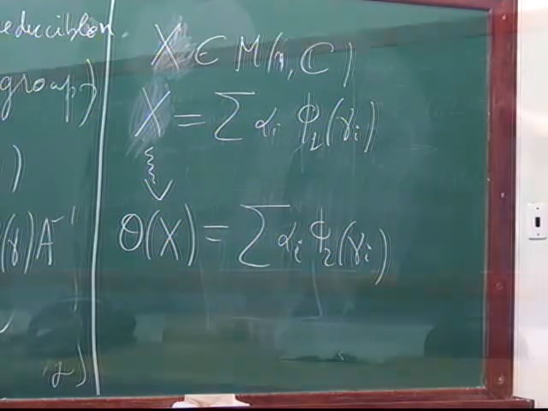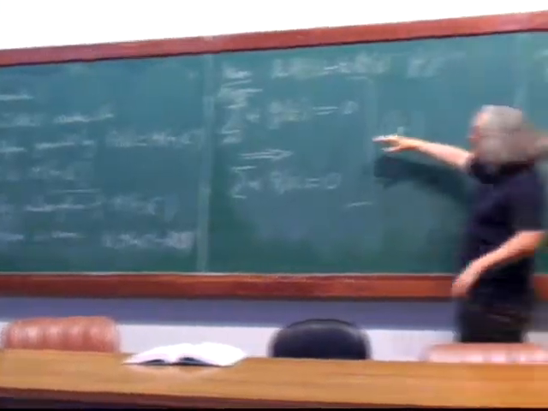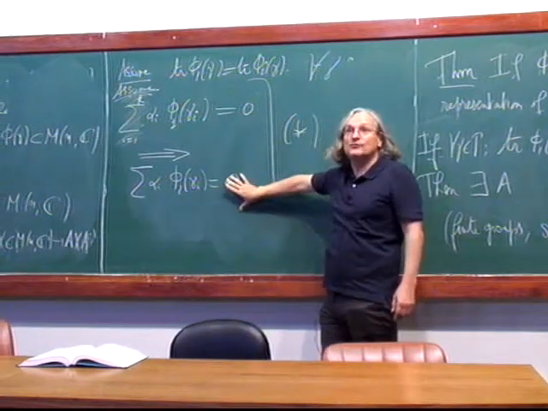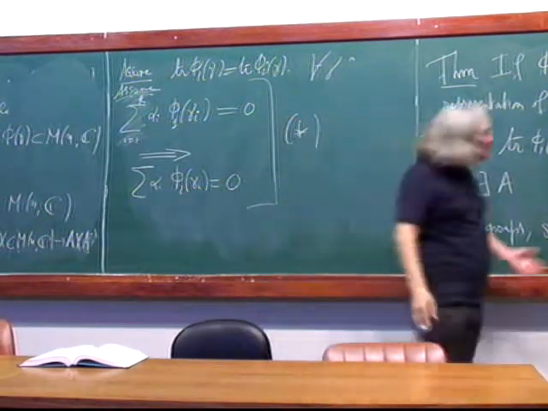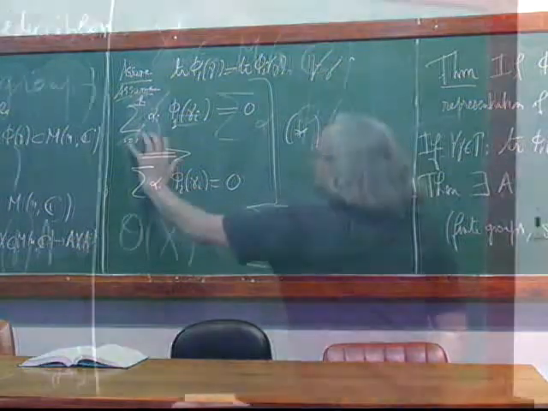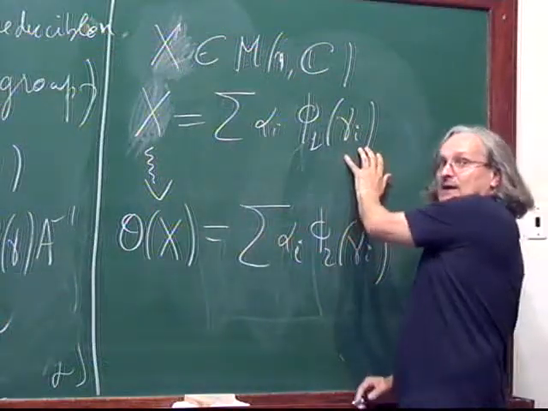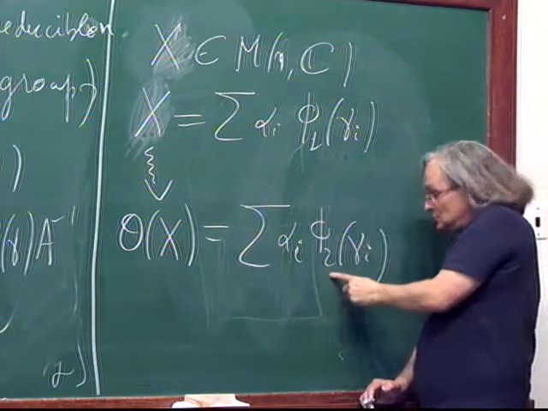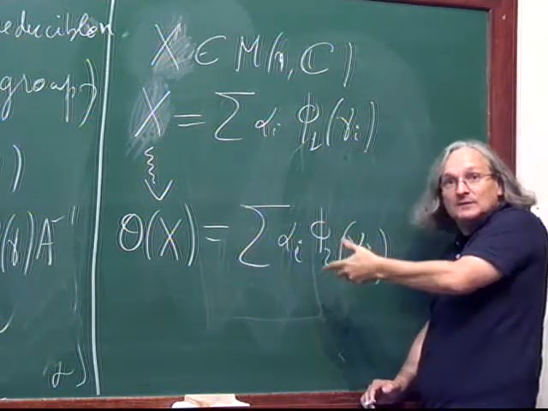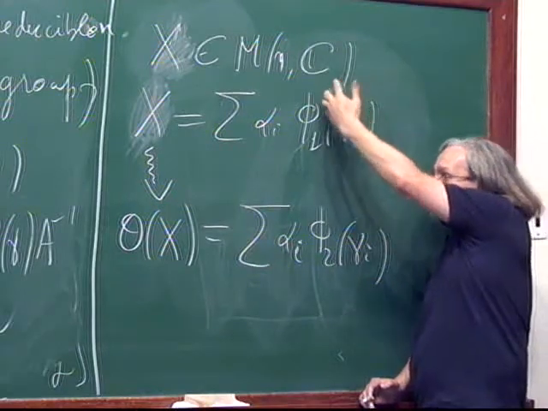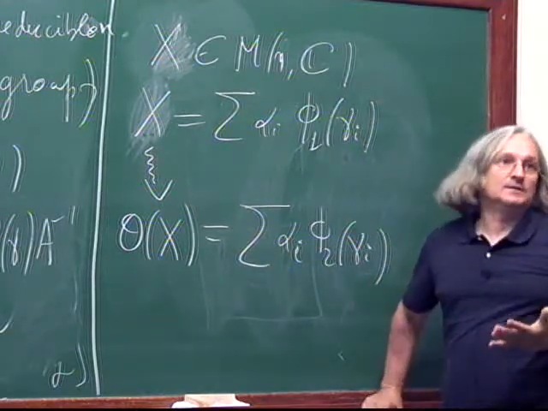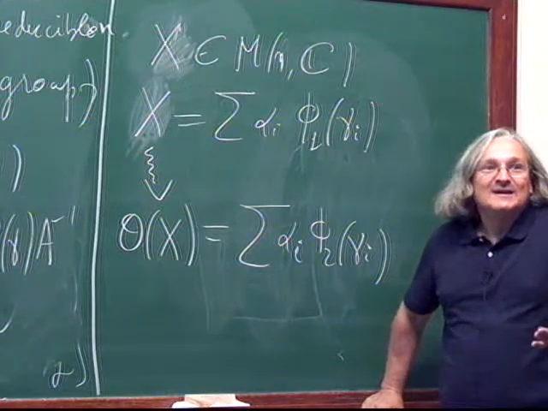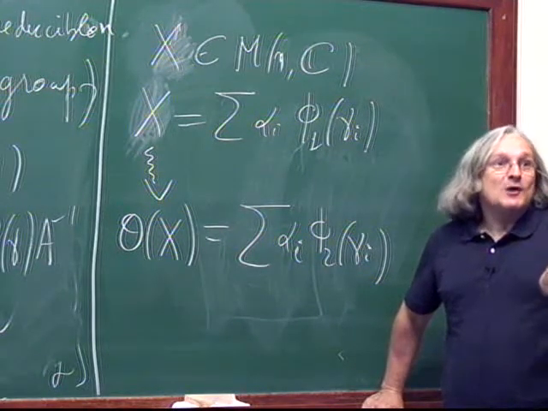And this lemma here, this thing I didn't prove yet, shows that if this is equal to 0 for phi 1, it's also equal to 0 for phi 2. So if I write any matrix in this way as a sum of combinations, and I substitute 1 by 2, I get another matrix, and this transformation from X to theta of X is well defined. And this transformation theta is, of course, an algebra automorphism.